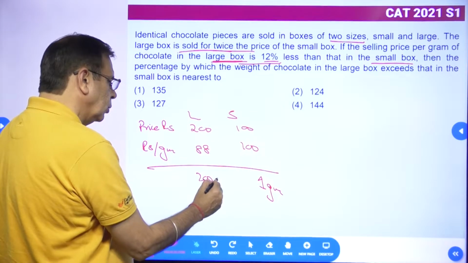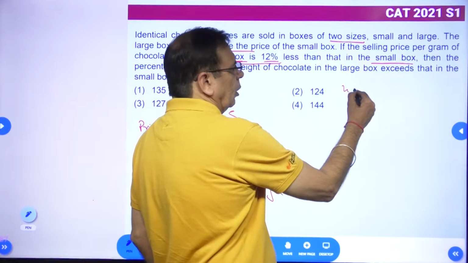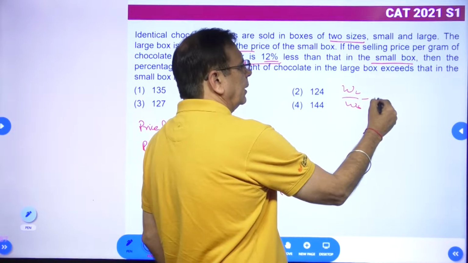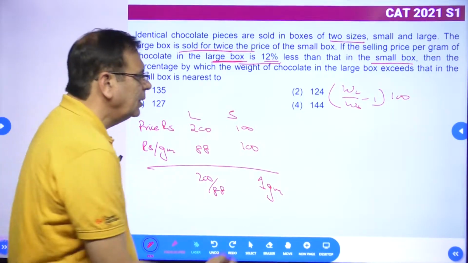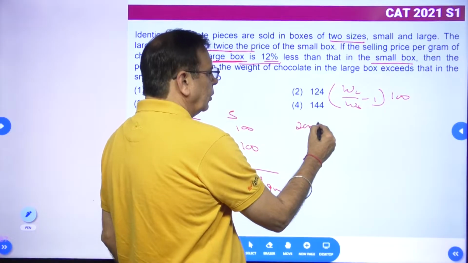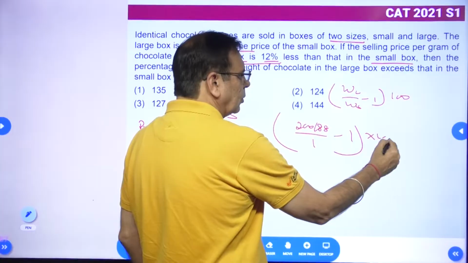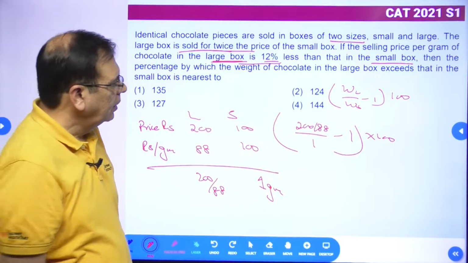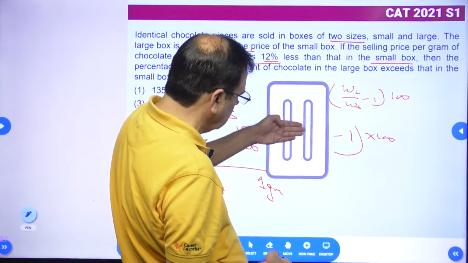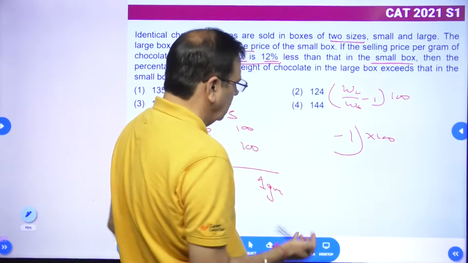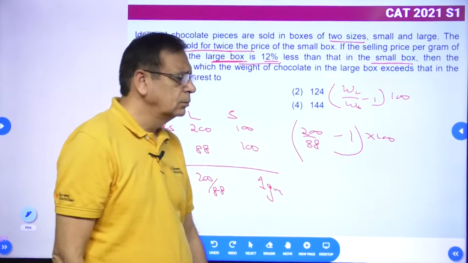So what does this become? 200 upon 88. What do we need to find? Weight of large box upon weight of small box, minus 1, into 100. Now please look at these calculations, my task becomes easier. So 200 by 88. I'm just writing this step to explain, otherwise I would not have written it.